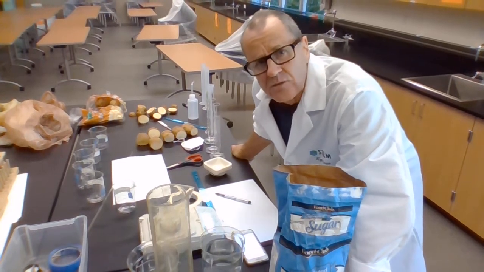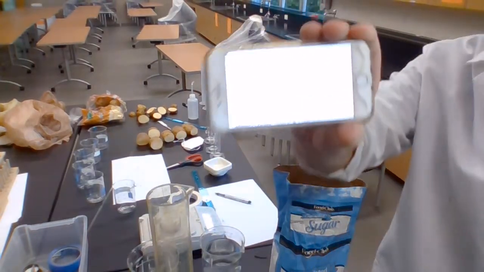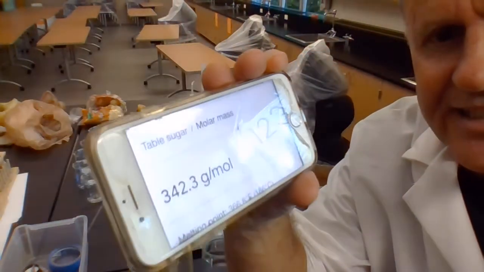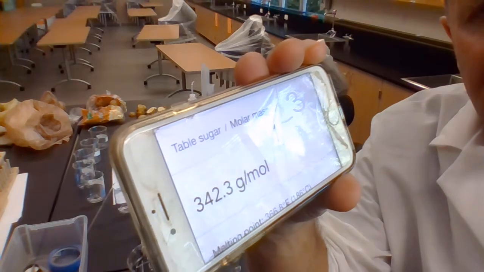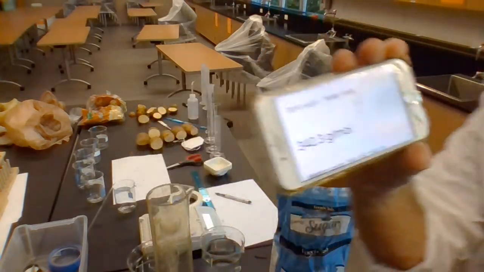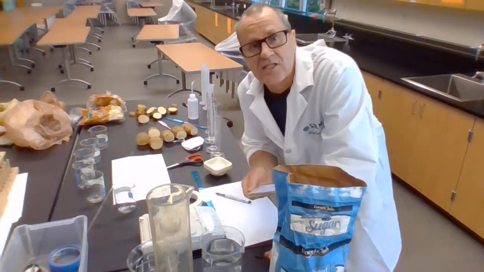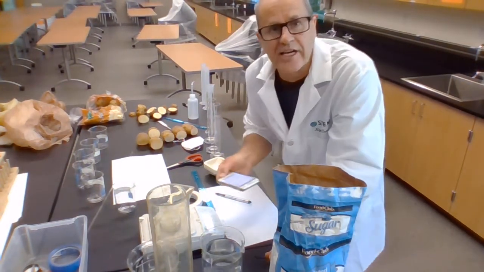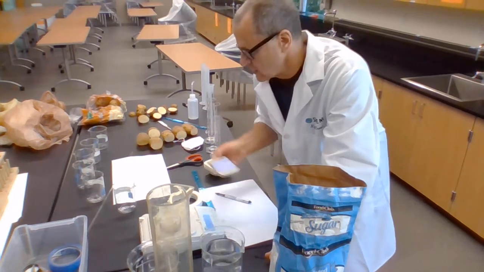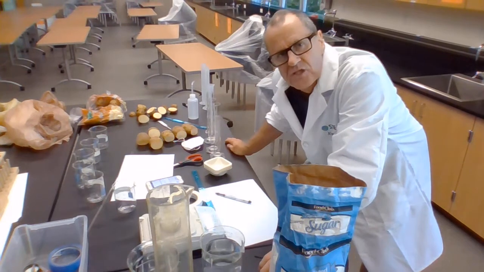You could add all these up, or you could just look it up online, and 1 mole of sucrose is 342.3 grams. So all you do is add up the atomic masses and call it grams, and you've got 1 mole of it.